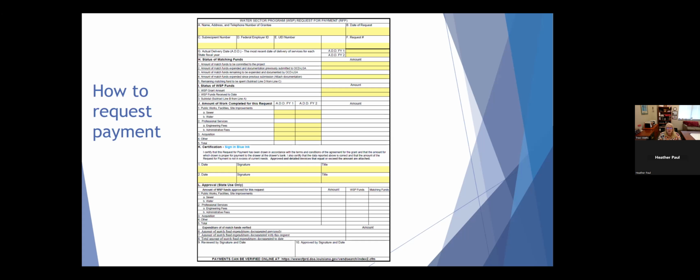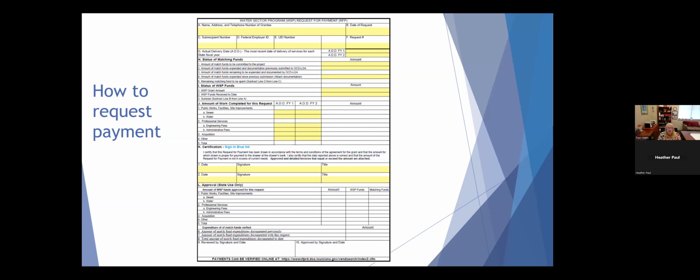Under status of matching funds, you're going to enter the amount of your matching funds that were committed to the project, and then the amount of matching funds that have been expended and documented that have been previously submitted to us for confirmation. So on your first request for payment, if you have not submitted us anything as of yet showing that you had expenditures, then that would be 0.